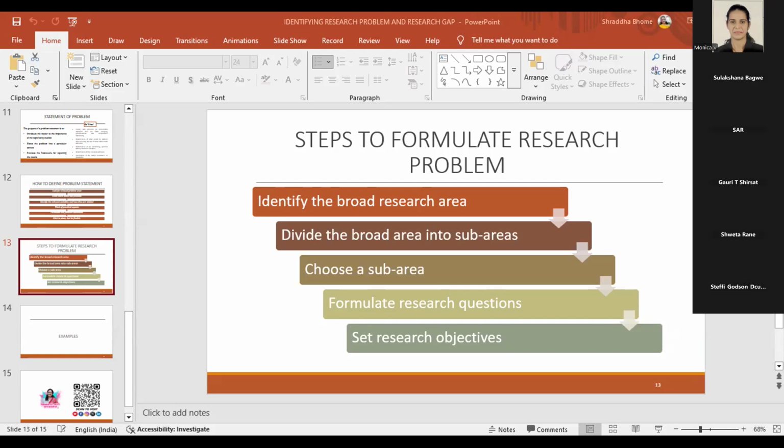Say for sports or any other, working upon IPL and mental health of the players or something like that. So identify the broad research area. Then you divide this broad research area into sub areas.